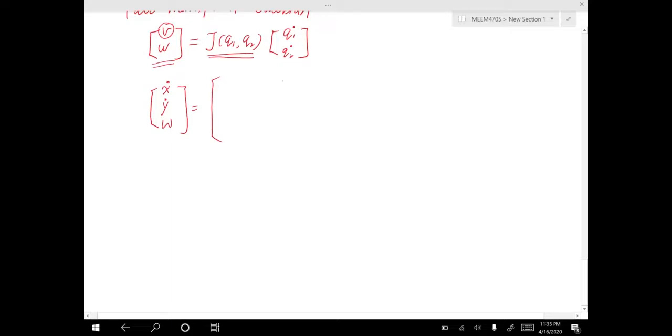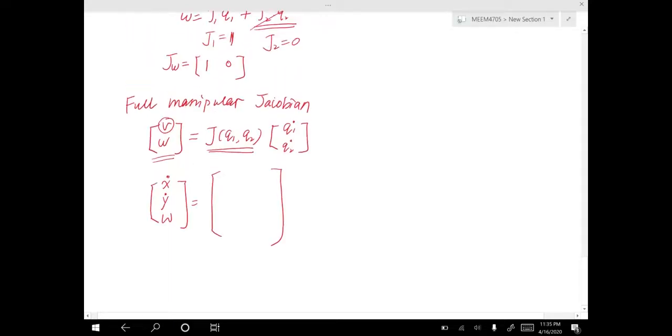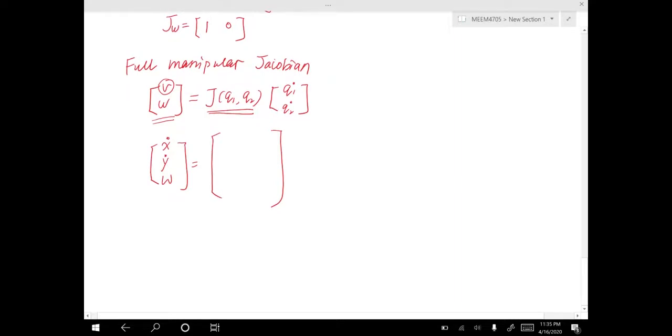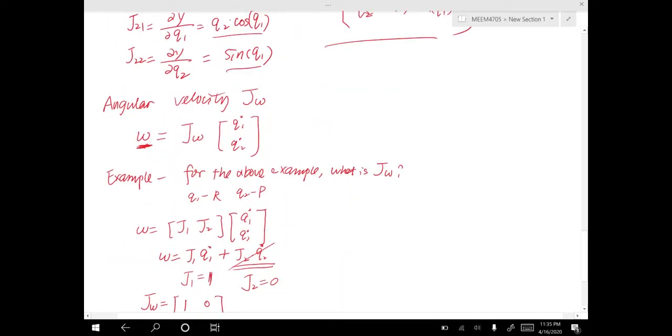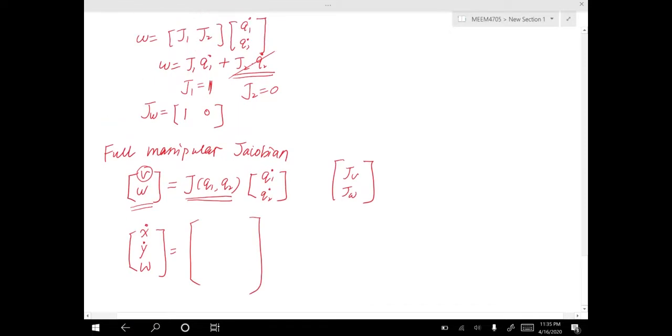So in this case, to summarize, we have x dot, y dot, and omega. Then the full manipulator Jacobian should be JV and J omega. We directly write that down. We just copy from the previous calculation, which is here and here.